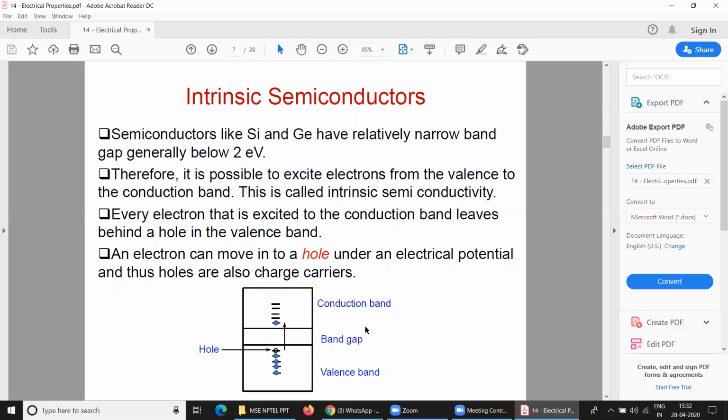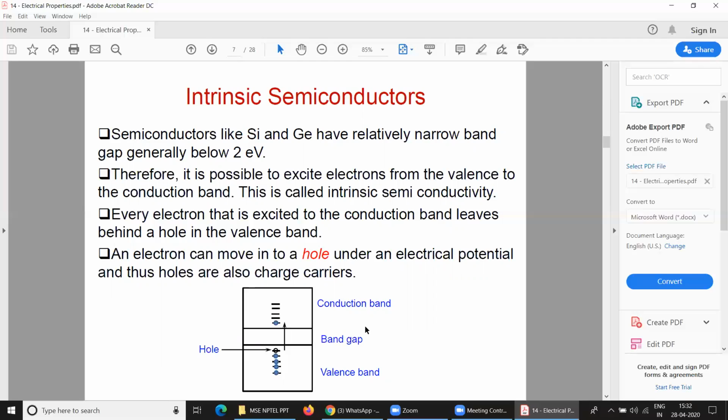Semiconductors like silicon and germanium have a relatively narrow band gap, generally below 2 electron volts. Therefore, it is possible to excite electrons from the valence to the conduction band. This is called an intrinsic semiconductor, as you have seen already.